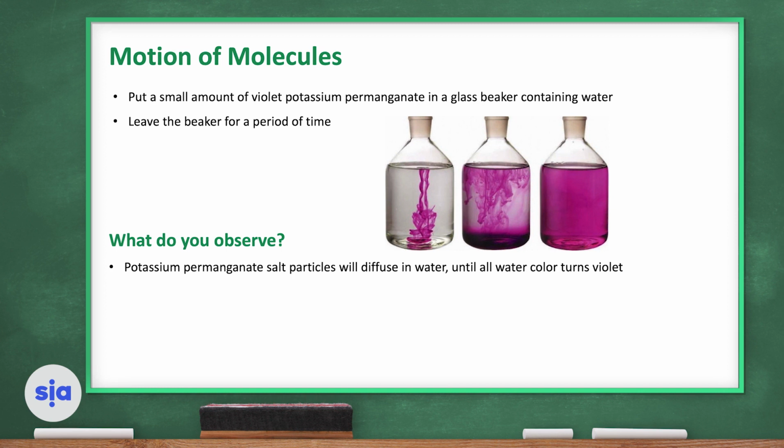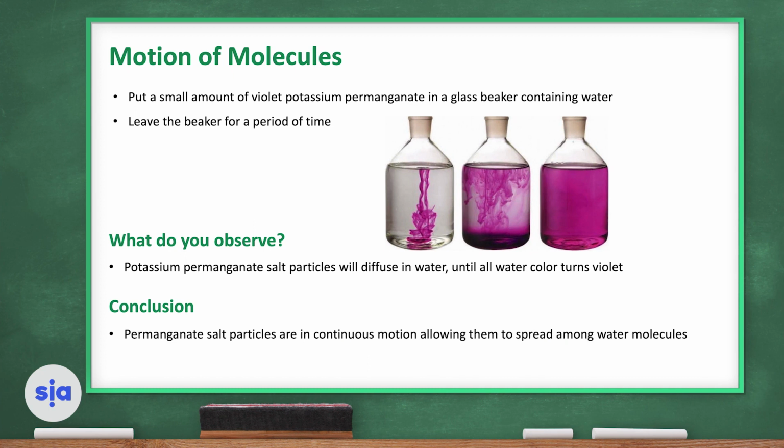After some time, the potassium permanganate salt particles will diffuse in water until all water color turns violet. And this means that the particles are in continuous motion and they will spread among the water molecules. Matter molecules are in continuous motion.